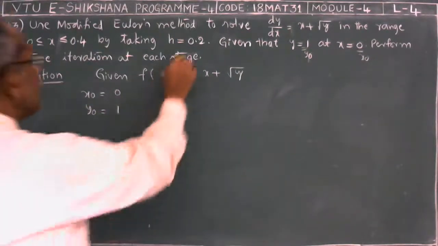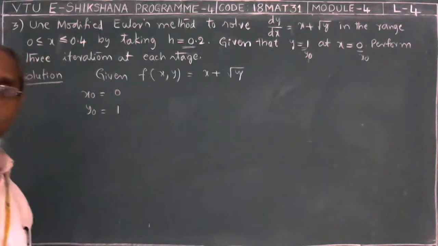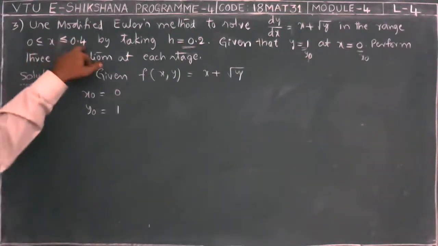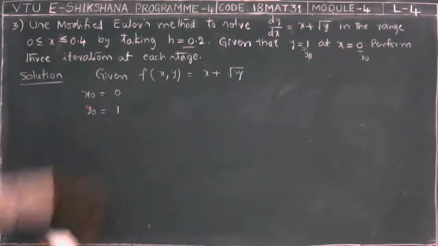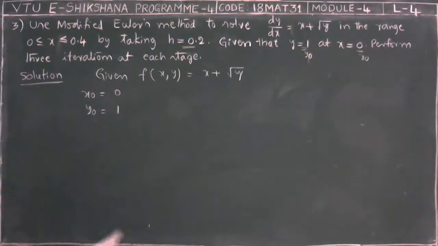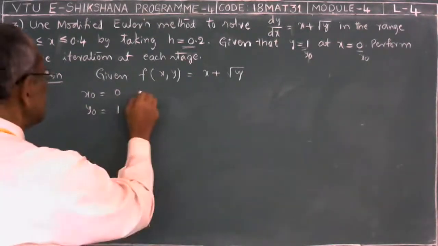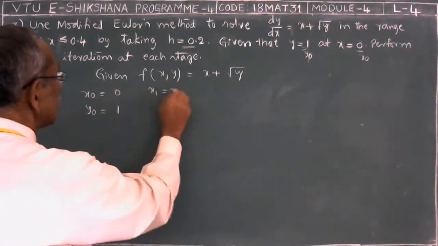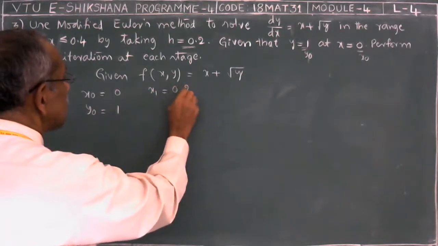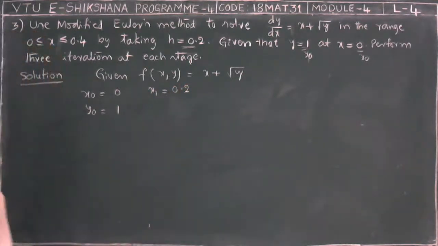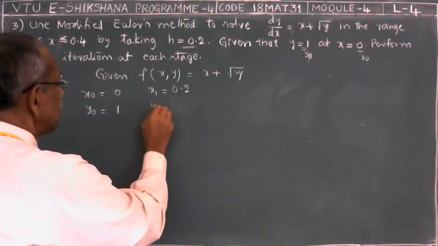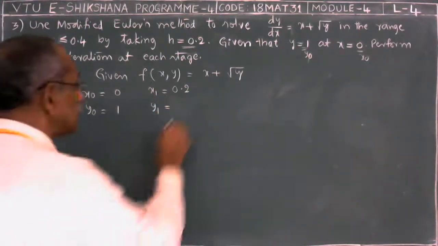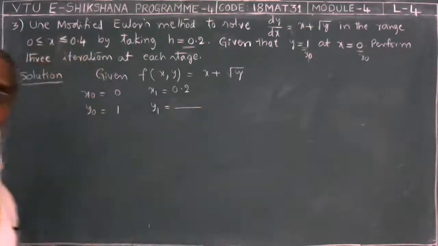In steps of 0.2, h is equal to 0.2, starting from 0 to 0.4. So 0 is already here. Next point is 0 plus 0.2, that is your next value of x. The corresponding value of y, that is y1, we need to calculate.